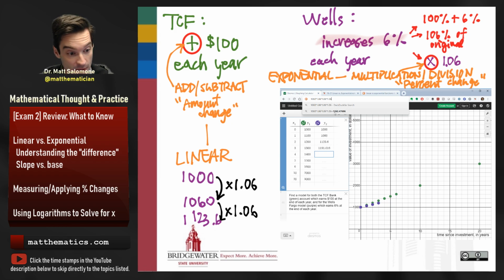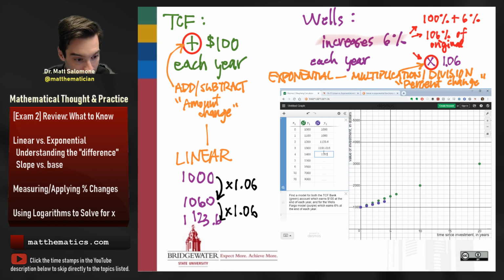One more multiplication by 1.06 puts me at 1262.477. I'm rounding just a little bit, but again, I don't really care. Multiply by 1.06 again, 1338.226. Multiply by 1.06 again for the end of year 6, 1418.52.